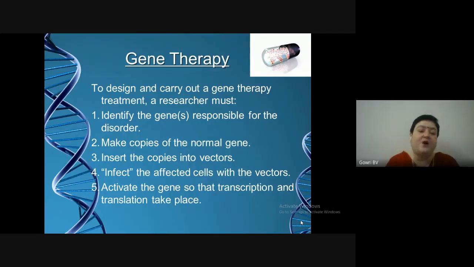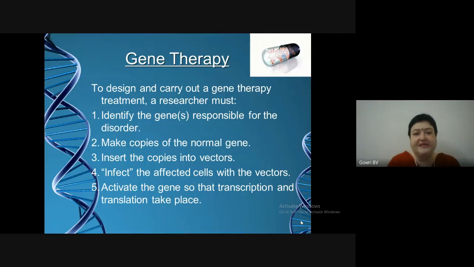So a vector is always important in order to multiply or prepare copies of the DNA. So insert the copies into a vector. After inserting, you have to transfect, that is infect, the affected cells with the vector, and of course you should activate the genes so that transcription and translation take place.